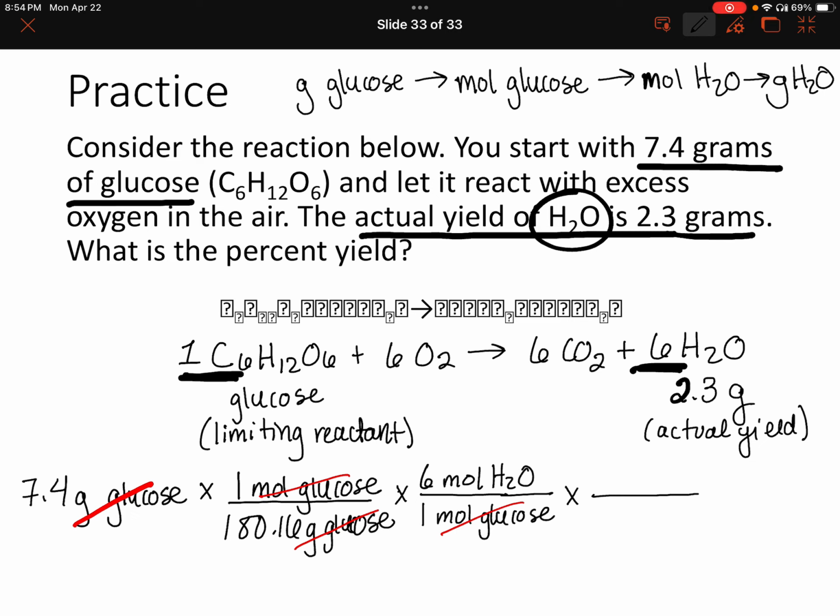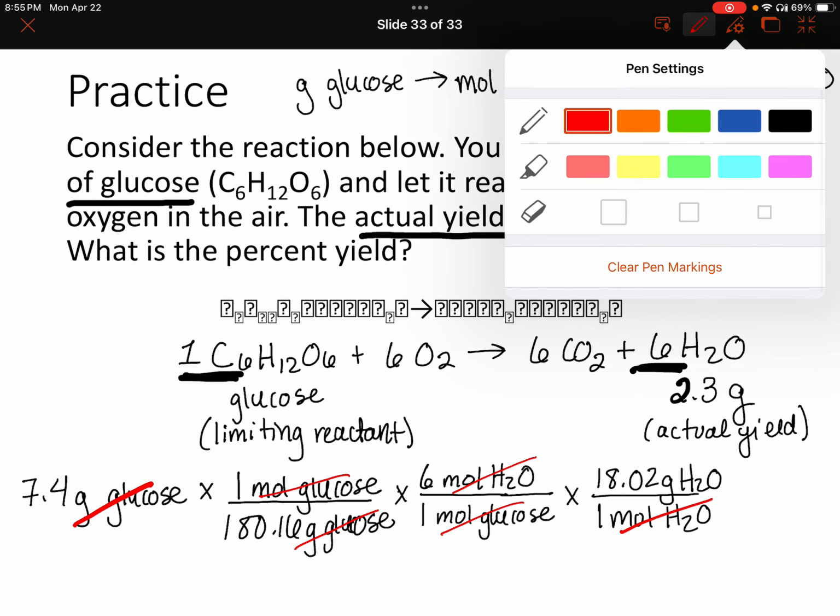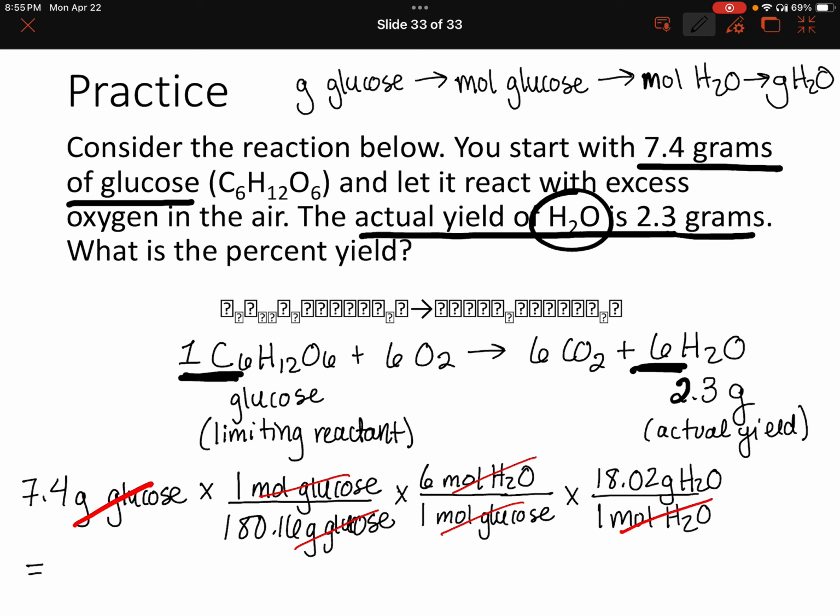Now again, this time we're converting to grams, so I'm going to put the mass in the top of my conversion factor and 1 mole in the bottom. Okay, so putting it all together, we've got 7.4 times 1 times 6 times 18.02, and then we're dividing by 180.16, and that will give us the grams of H2O that theoretically could form if everything goes well.